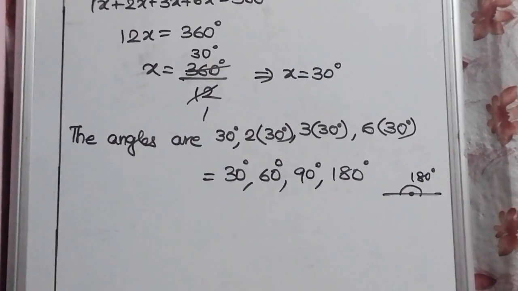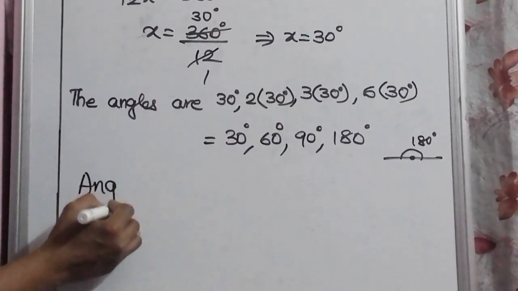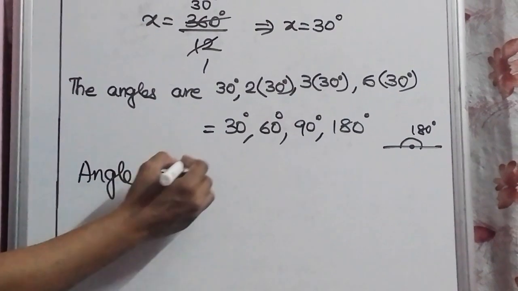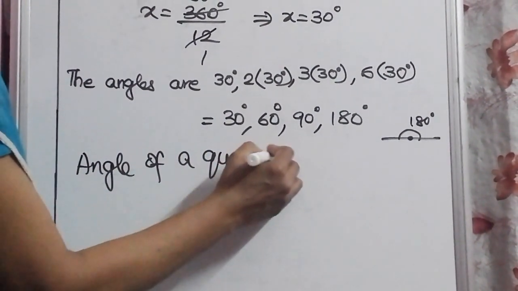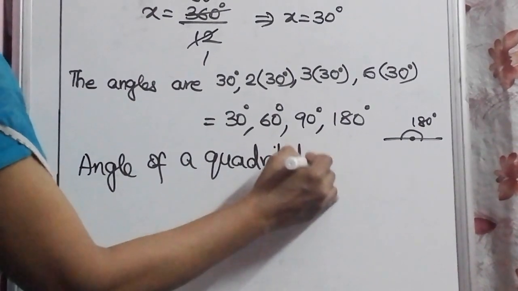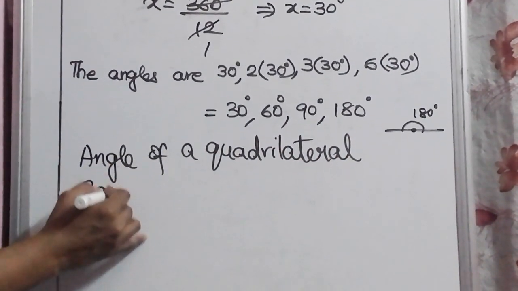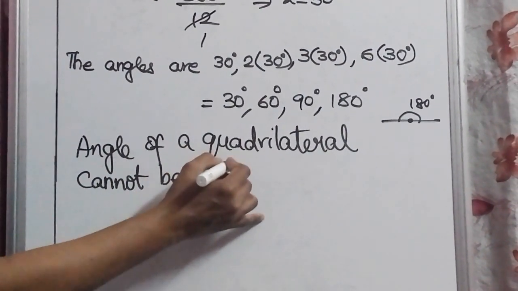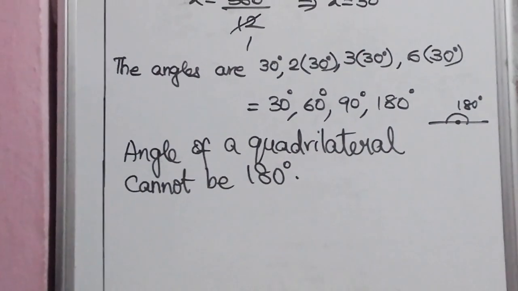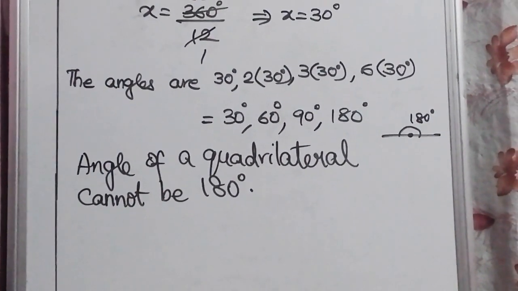So now let us write: an angle of a quadrilateral cannot be 180 degrees. Understood this? Copy it in your classwork books, children.